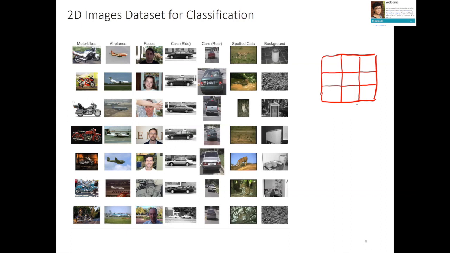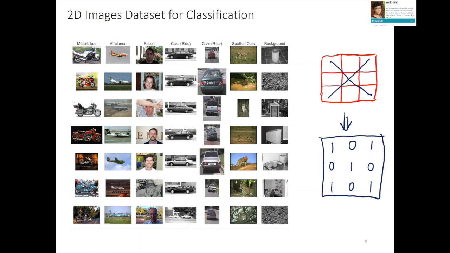Say I want an image like an X. This X-shaped image is represented in the computer as, let's just use binary, black and white, 1 0 1, 0 1 0, 1 0 1. So this is my image of X.